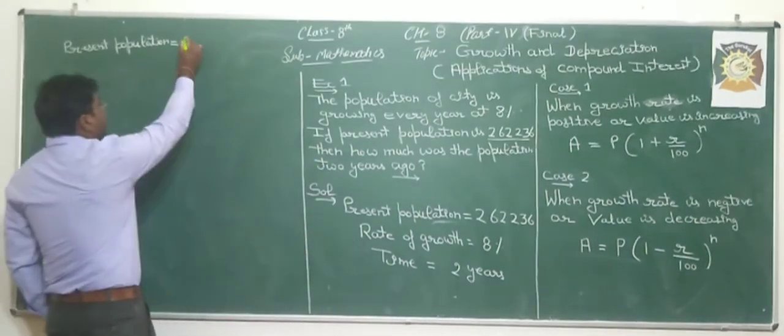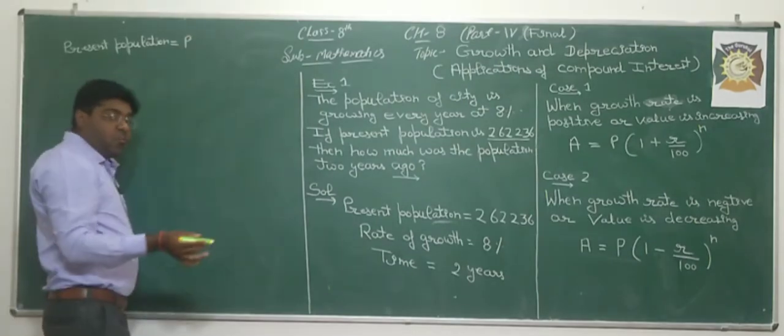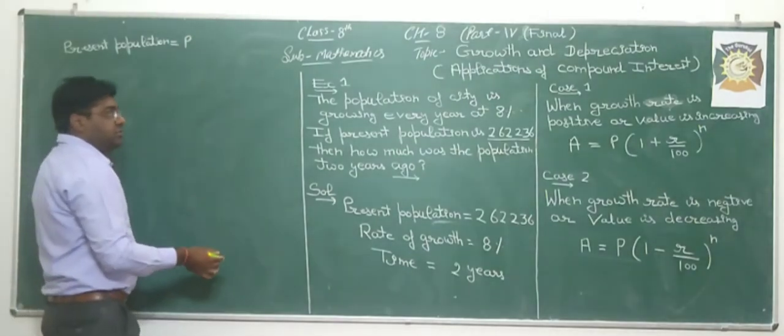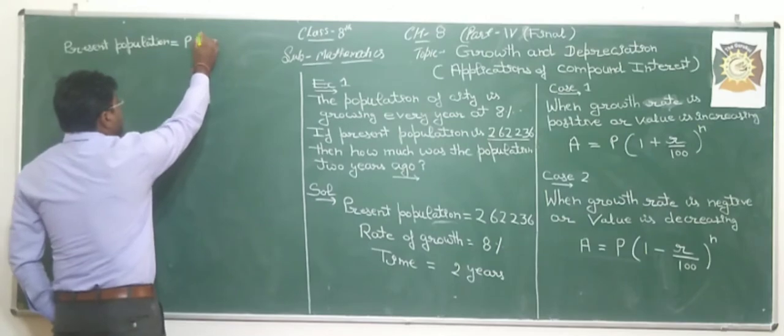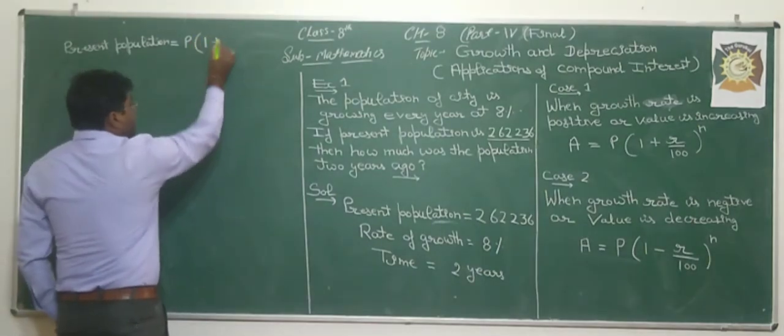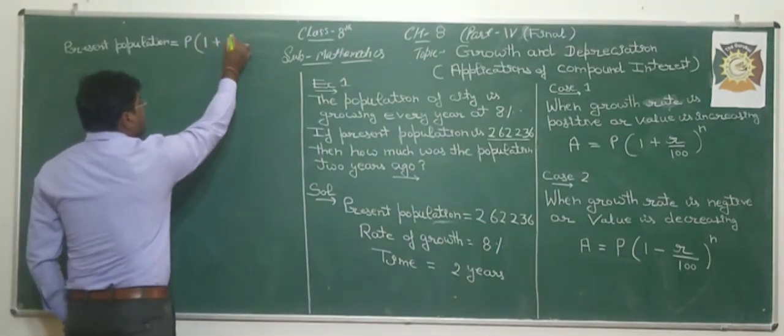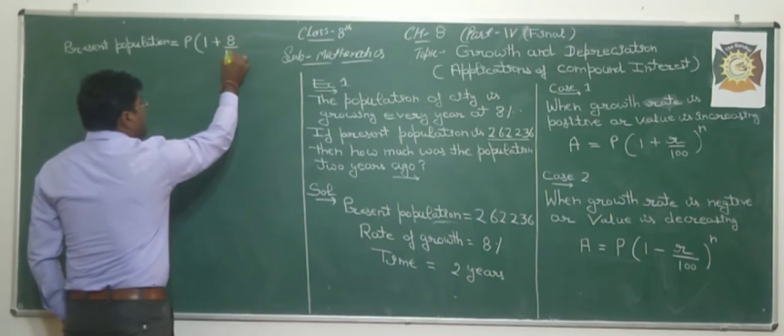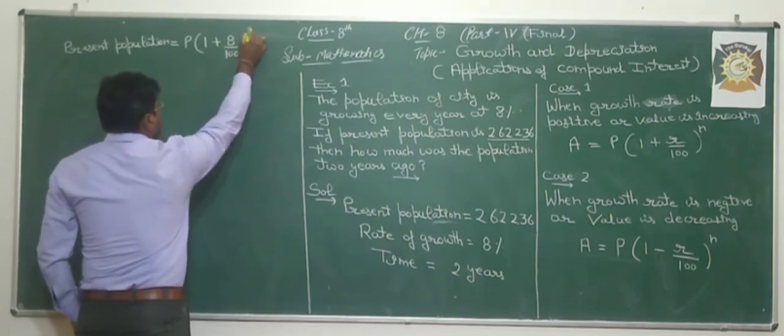So I am writing here P, population before 2 years. Then we write 1 plus the rate, that is 8 upon 100, raised to the power 2.